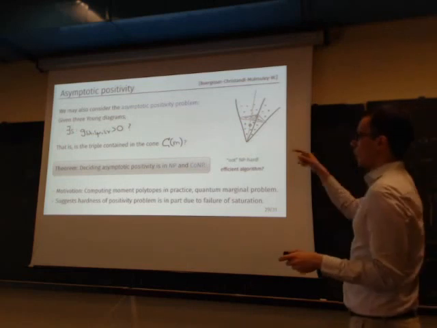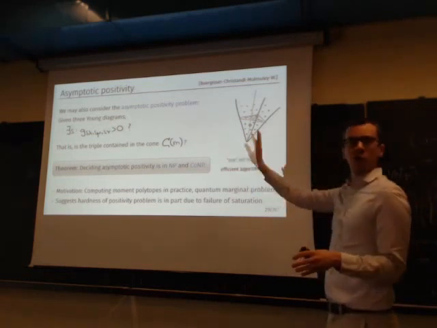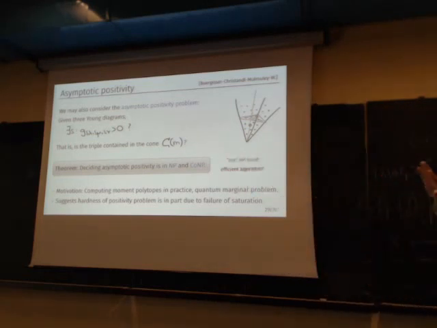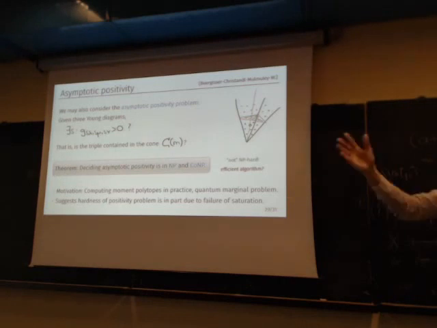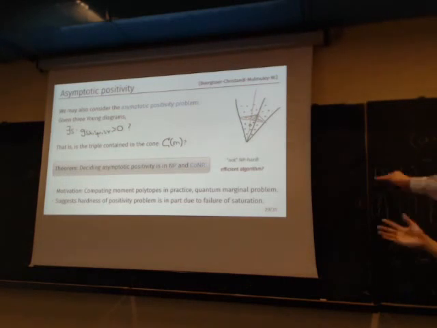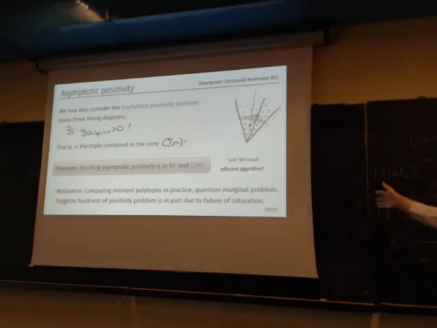We can also show that this problem is in what I call co-NP as well. So there's a way of convincing you that a point is not in the cone. Because it's a cone, basically what I have to do is give you a hyperplane that separates, such that the cone is on one side of the hyperplane and the point is on the other side.